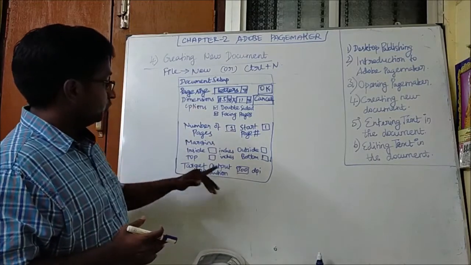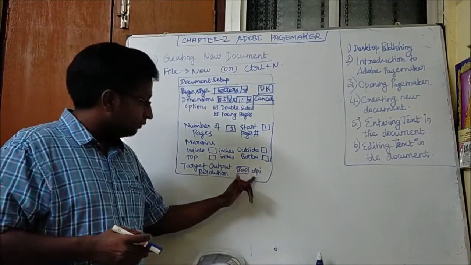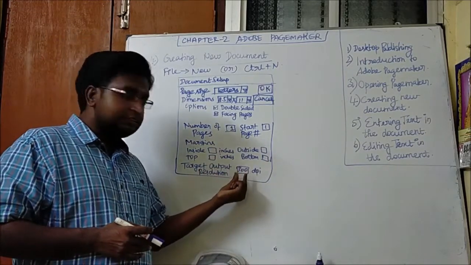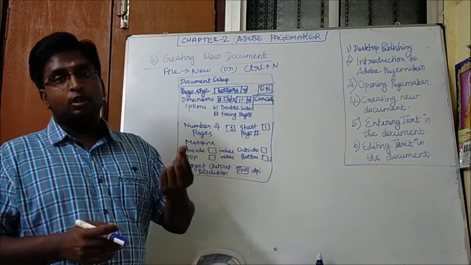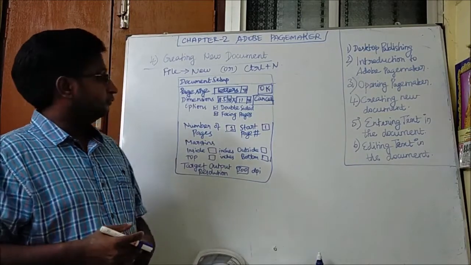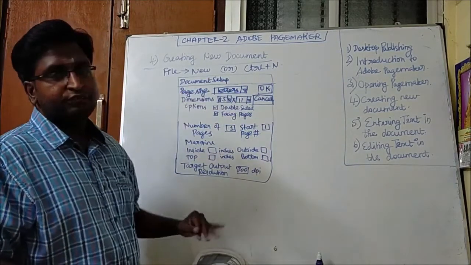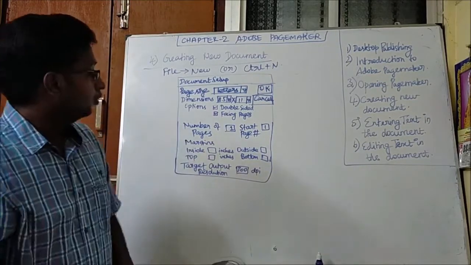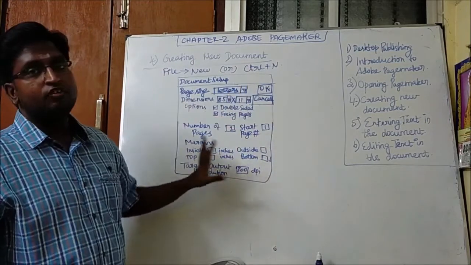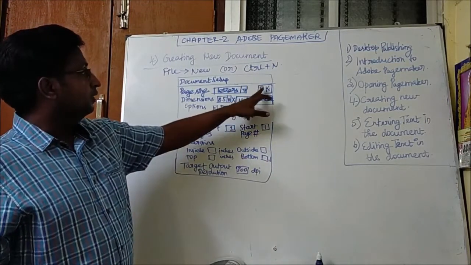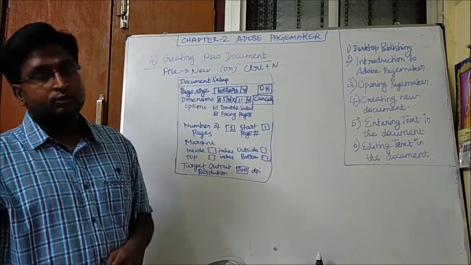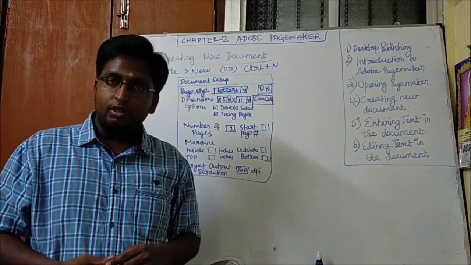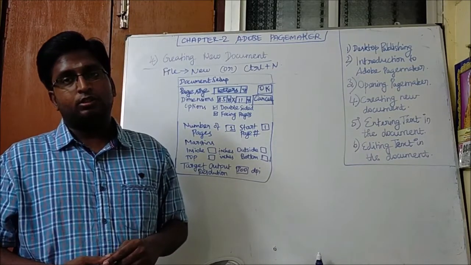And the output resolution, which is DPI, dots per inch. By increasing this, the quality of the document will also increase. These are the basic options we have to select while opening a new document. Once you select all these options, you click the OK button, and an empty blank document will be created.